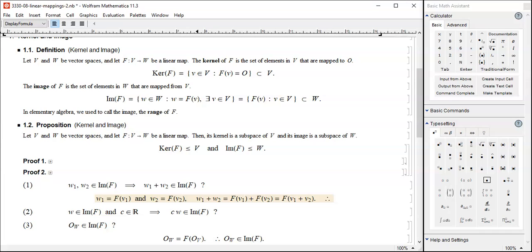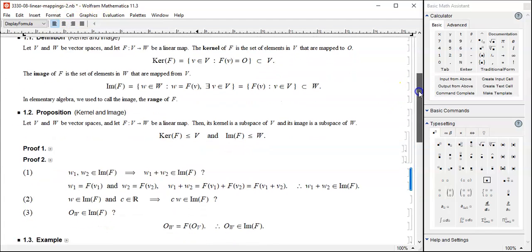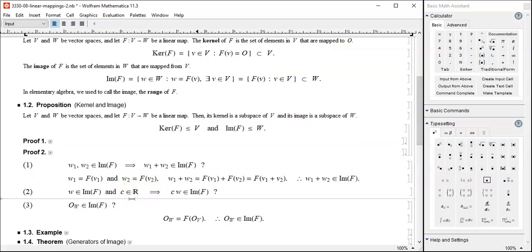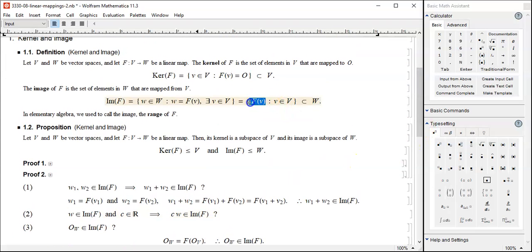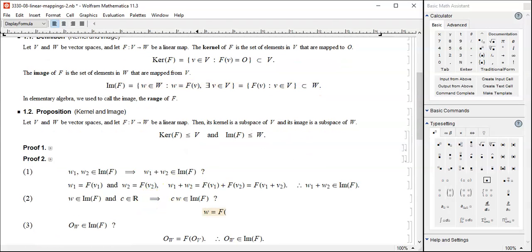Therefore, the sum w1 plus w2 belongs to the image set. So closed under addition, we are done. Can you do something similar for the second claim here? Closed under scalar multiplication. What do you mean by w being in the image of f? An arbitrary element of image looks like this, f of something. So w is f of something.